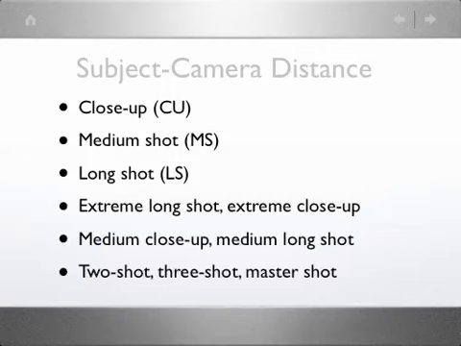A couple of them are called the two-shot and the three-shot. Both a two-shot and a three-shot are in the medium shot range of the subject camera distance continuum. And both of them refer to the number of people that are visible in the shot, the number of characters or actors.